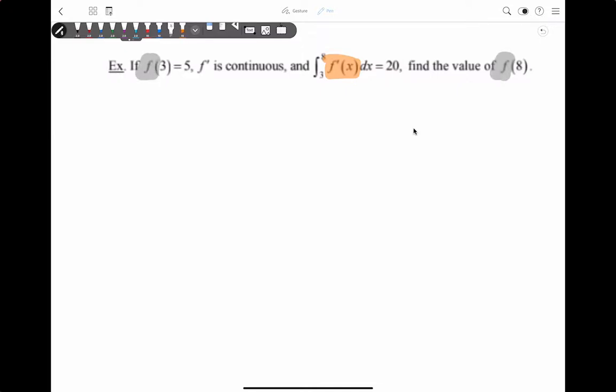So again, that's going to correlate to my first fundamental theorem that I keep writing over and over again. From a to b, the integral underneath the velocity function, actually the area underneath the curve of the velocity function, same thing, is displacement. Okay, so let's go ahead and set this up. We see 3, we see 8. So let's go ahead and write it out as low to high.